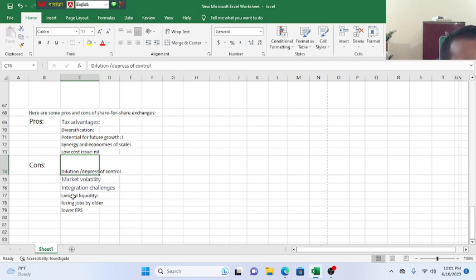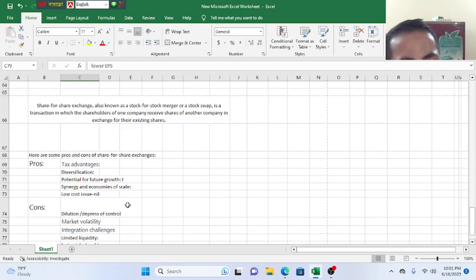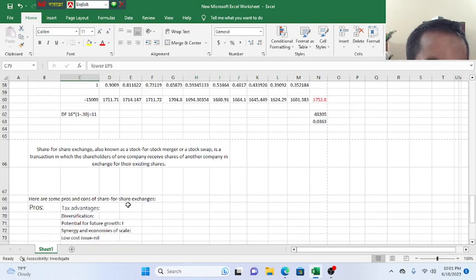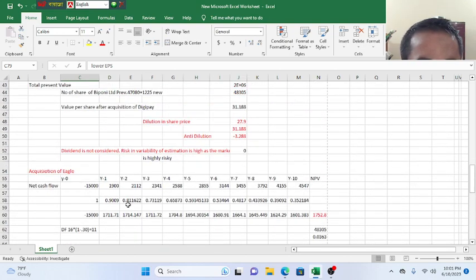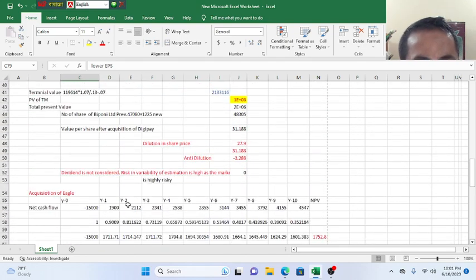So there is no cash payment, and limited liquidity will be our problem. Job losses, and lower EPS: EPS may be depressed by the new dilution, as there is an increase in shares. So that is the end of our discussion.